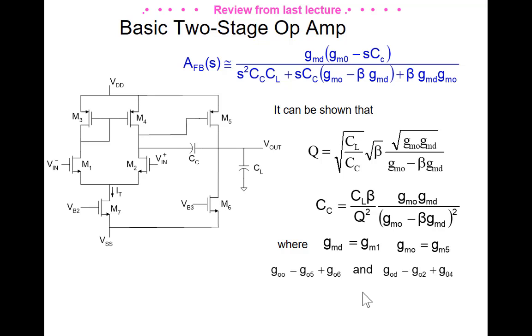So now the question is, if I had a telescopic cascode first stage, how would I get the gain in terms of the small signal parameters of the devices in that telescopic cascode stage? Garrett, the answer is? Just find the parameters of that stage and plug them in. Right, just find GM0, GLO, GMD, and GOD, and plug those back into that expression on top.